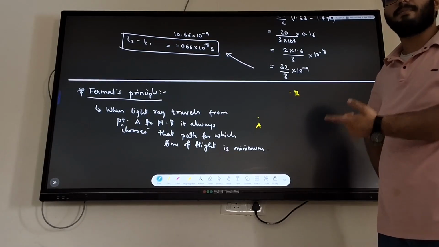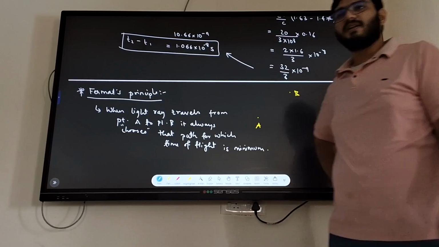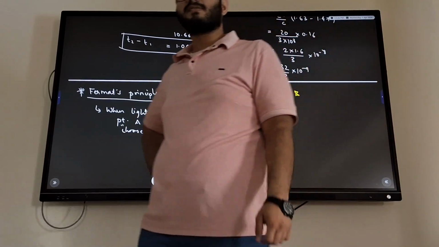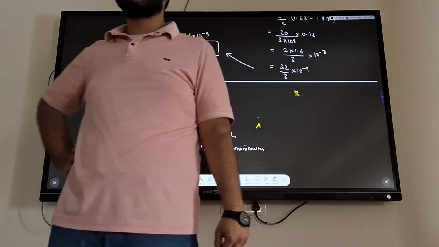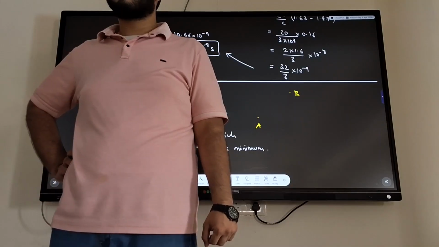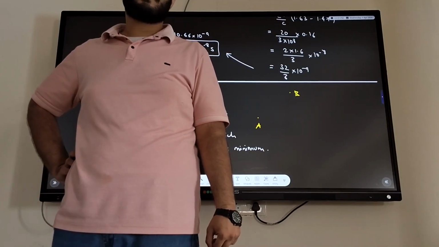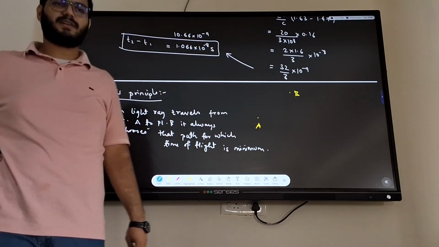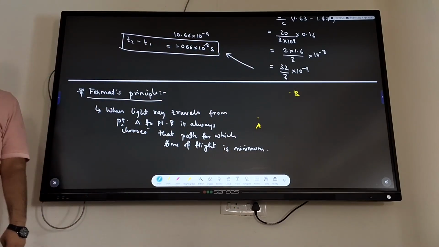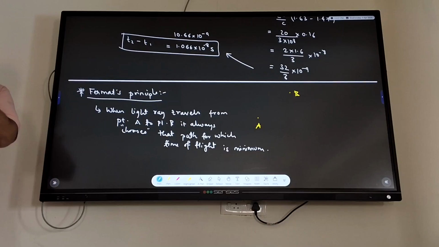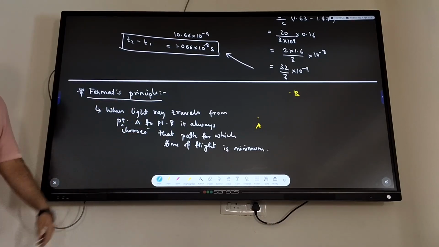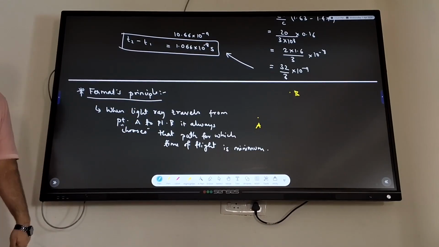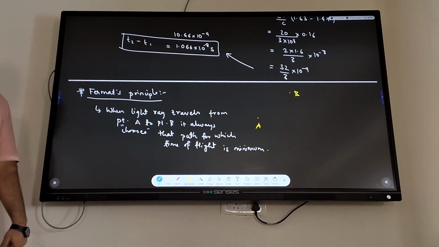Time is minimized here. Can you give me an example where a quantity is maximized? Think about it and tell me later. There are many things in nature which follow this principle of maximization and minimization. Take it as homework. Try to look on the internet and then tell me.